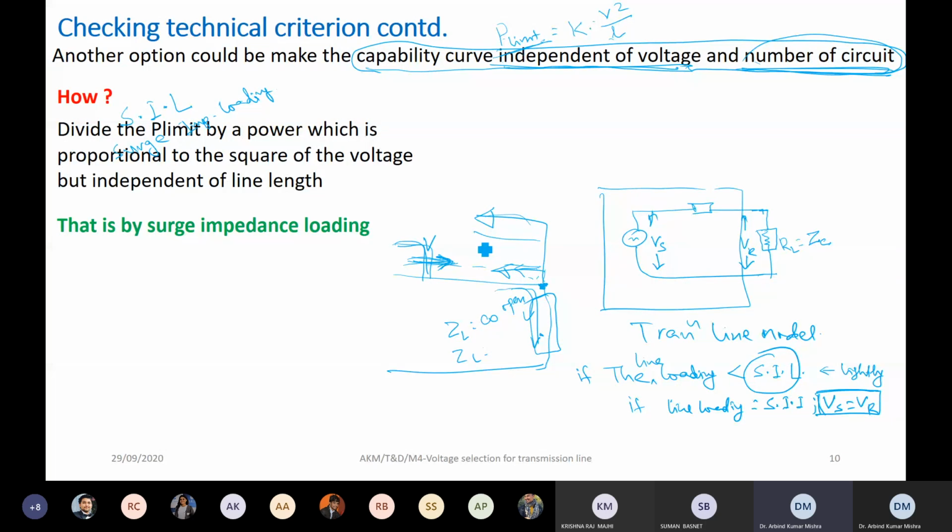Here the varying quantity is only the GMD upon GMR, and if the GMD upon GMR varies from 400 to 1200, again like in the case of inductance, then the capacitance per unit length also varies in a very narrow range.